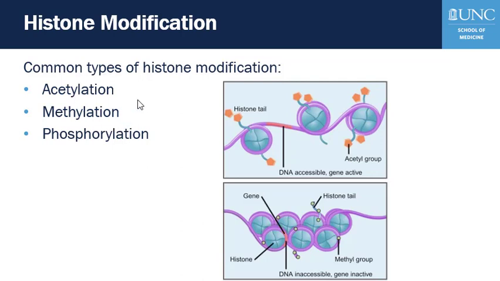So the bottom line is that very different patterns of covalent modifications can be found on different groups of nucleosomes. And so depending on both their position in the genome and on the history of the cell, these histone modifications are carefully controlled and they can have important consequences for gene expression.